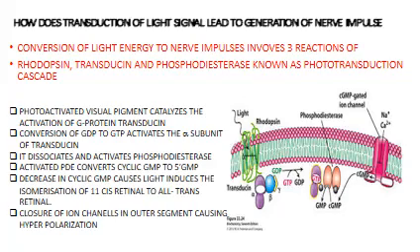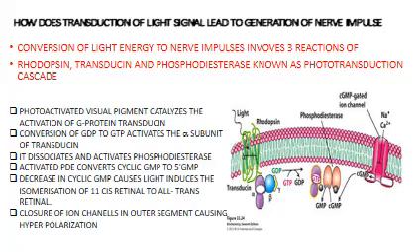Now, the active alpha subunit of transducin dissociates and activates phosphodiesterase. The activated phosphodiesterase will now convert cyclic GMP to 5' GMP.